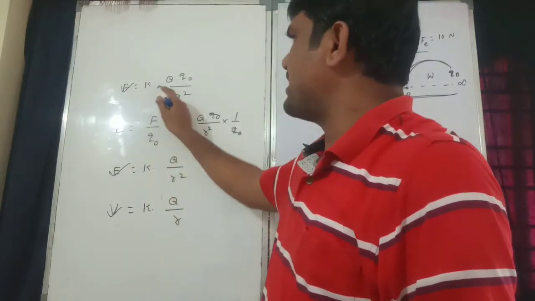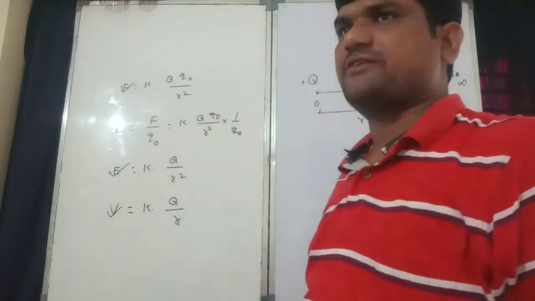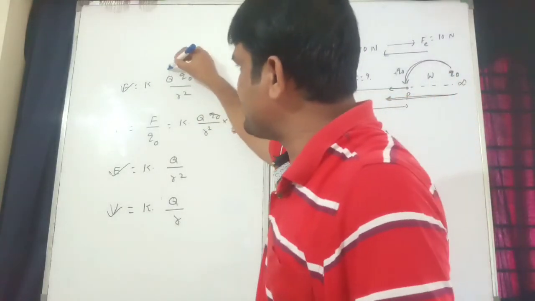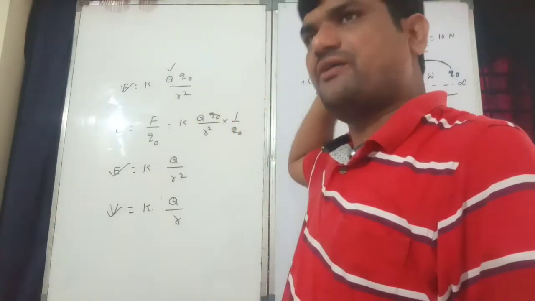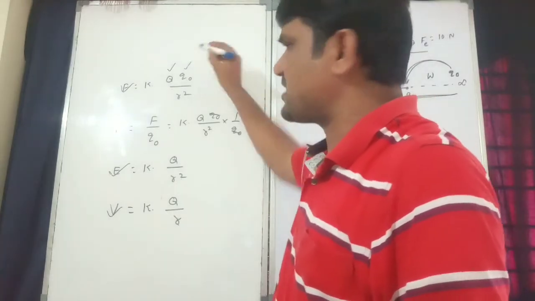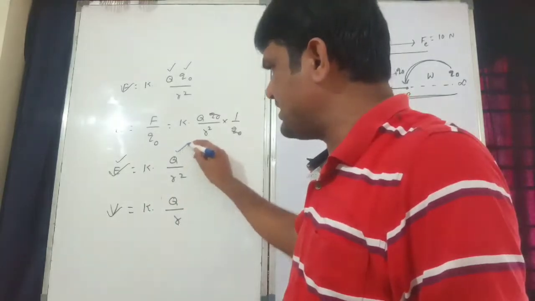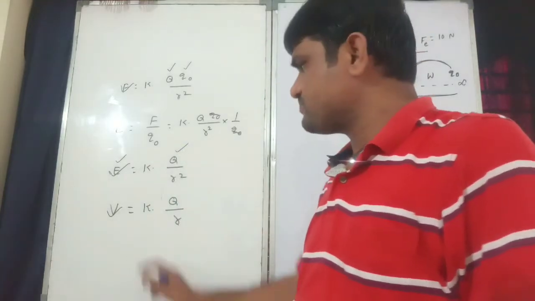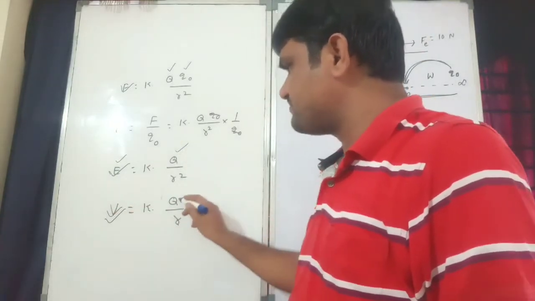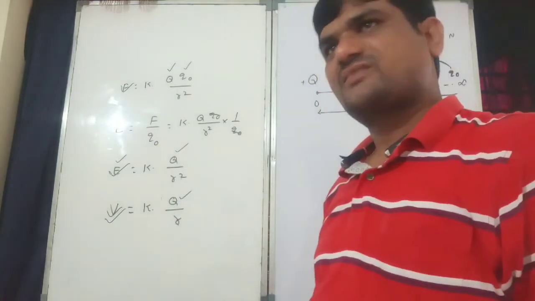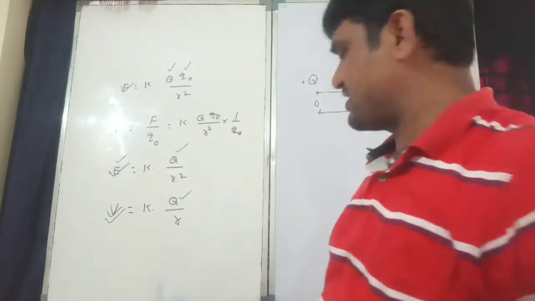Force is K into Q naught by R square. That means the force depends on the source charge as well as the test charge. But the electric field depends only on the source charge. Potential also depends on the source charge. That is one small piece of information.